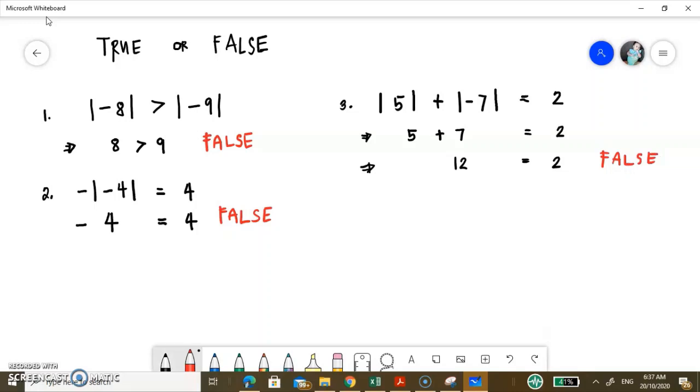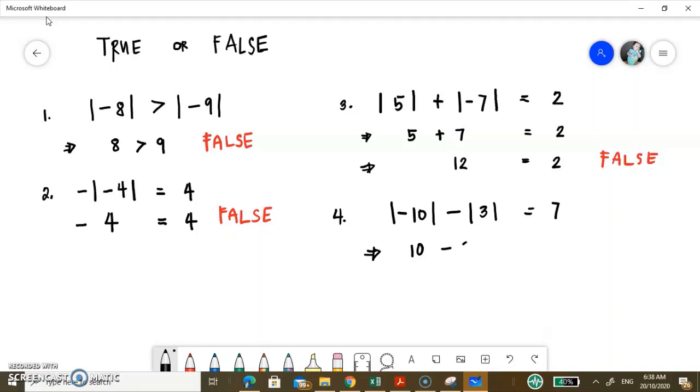Okay. Another example. Say if you have the absolute value of negative 10 minus the absolute value of 3 is equal to 7. Okay. So let's check. Let's see if that's true or false. So absolute value of negative 10 is just 10. You copy minus.